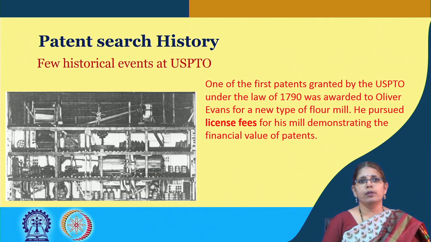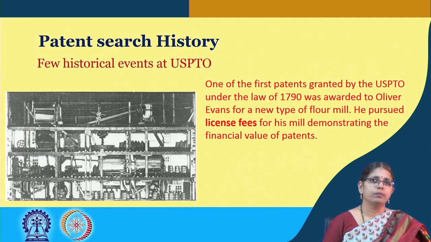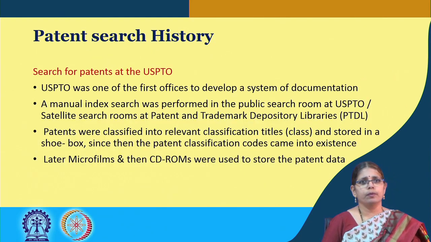So here in this illustration you see one of the very first patents which were awarded in 1790, to this particular machine, where the value that was generated was great even in those times. So those were some of the very early representations. Today of course we have a very elaborate documentation that is available at the USPTO.